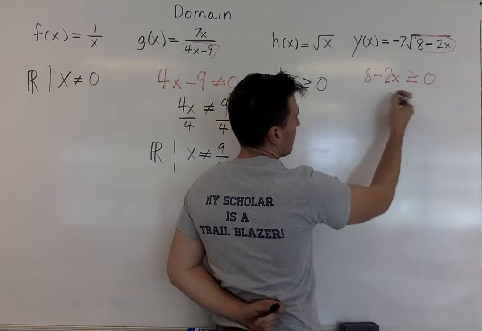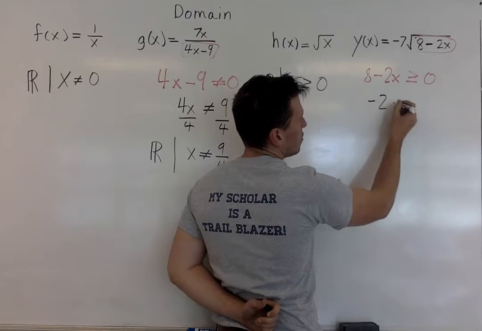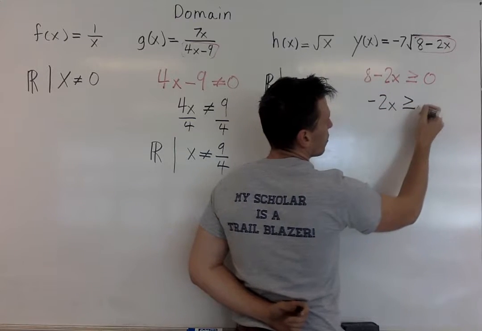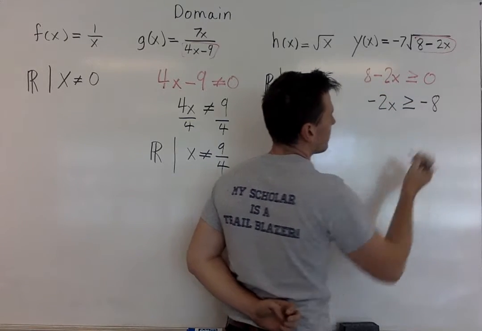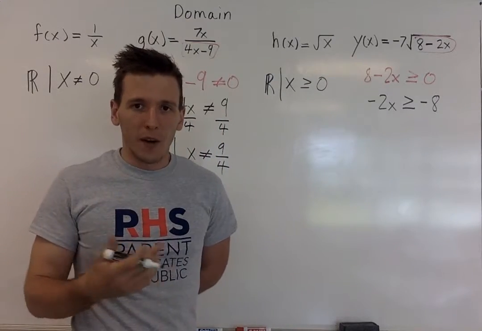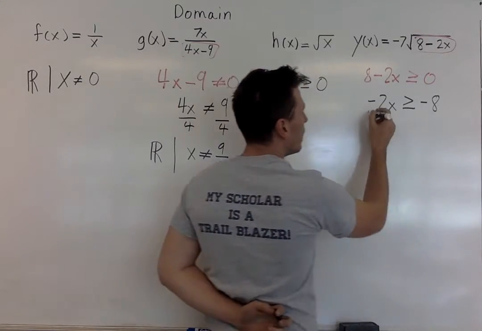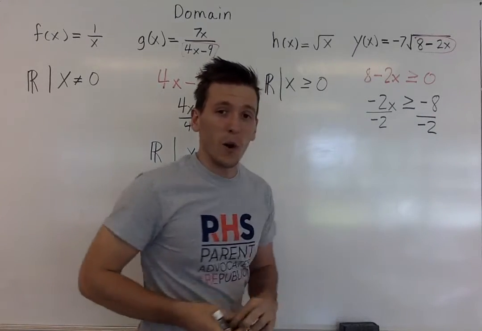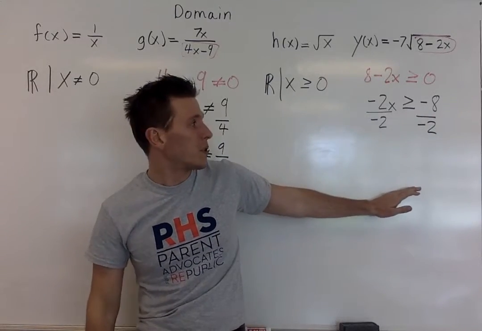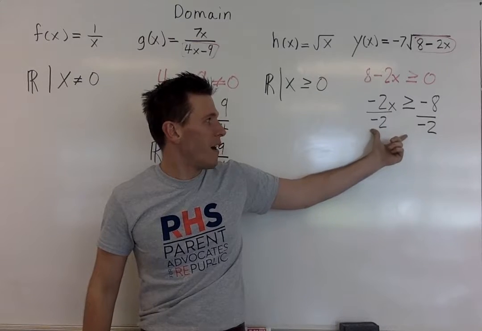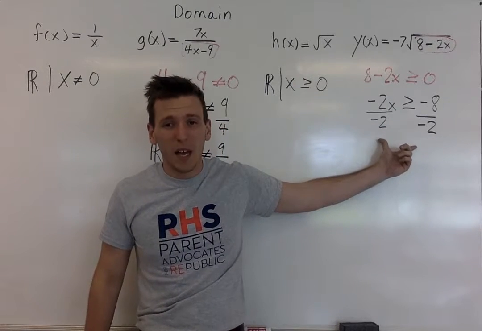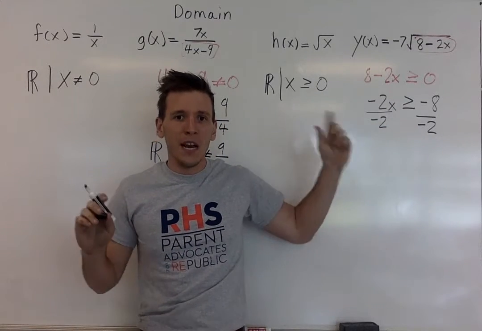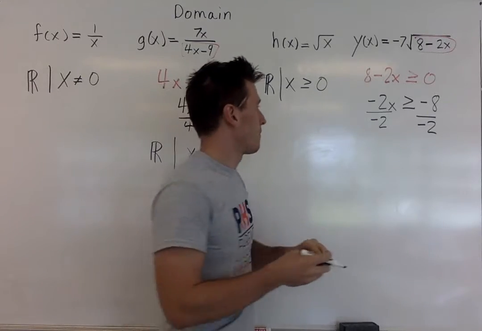I can subtract 8 from both sides, so I'll get negative 2x is greater than or equal to negative 8. And then from here, I'll want to divide both sides by negative 2. This is actually where 90% of folks lose credit on this sort of a problem, because if you divide by a negative number or multiply by a negative number, an inequality has to flip.